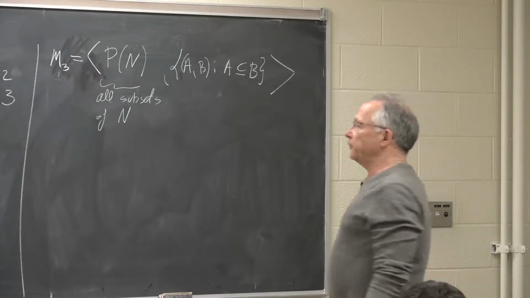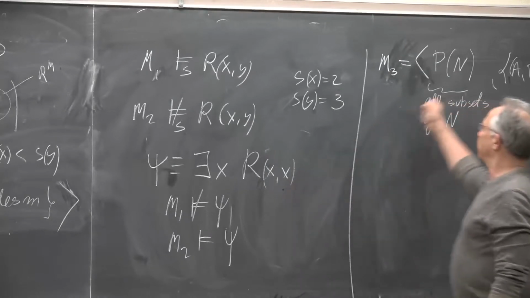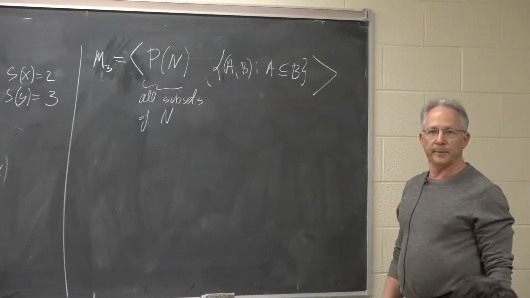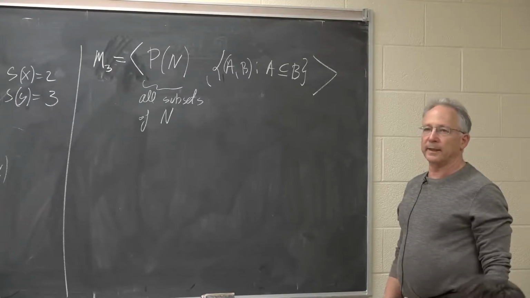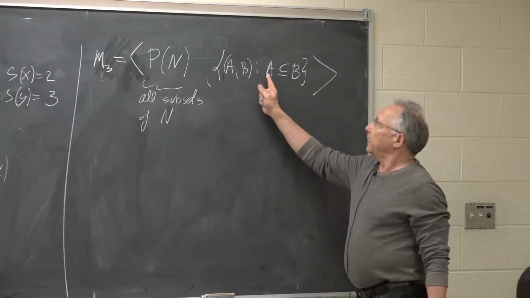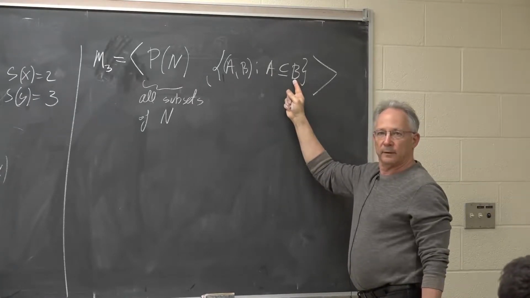So now I can check, for example, this sentence. Does it hold in M3? I'm asking, does there exist an X such that X is a subset of X? So it will hold in M3.